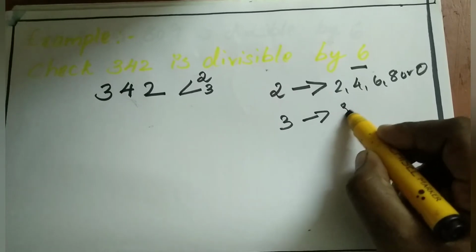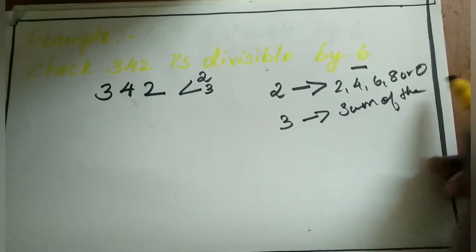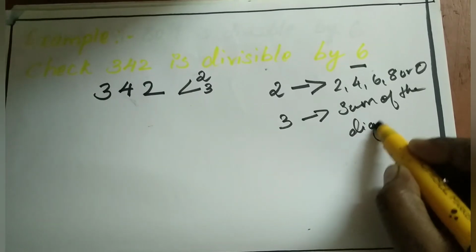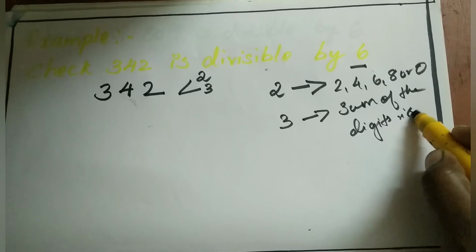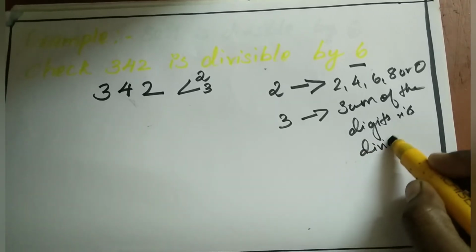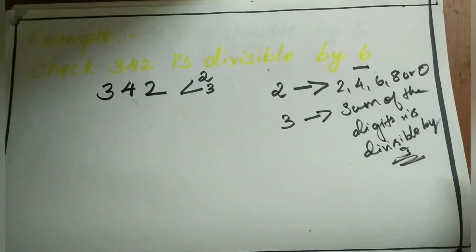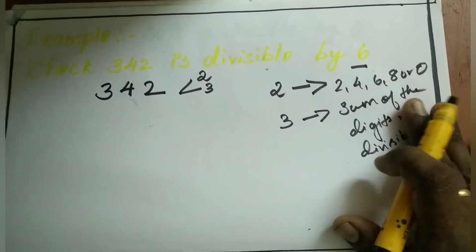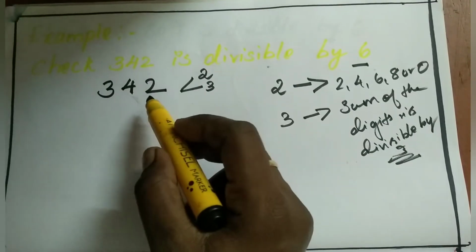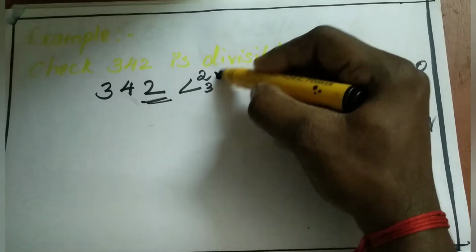The sum of the digits should be divisible by 3. Please remember these two things. Here, what is the last digit? The last digit is 2, so it satisfies the divisibility rule for 2.